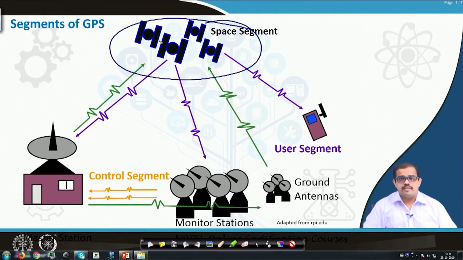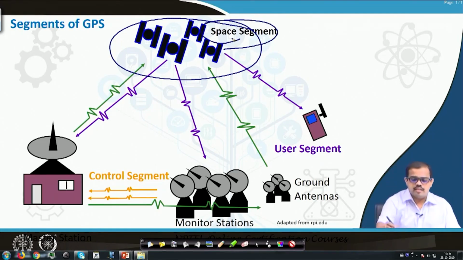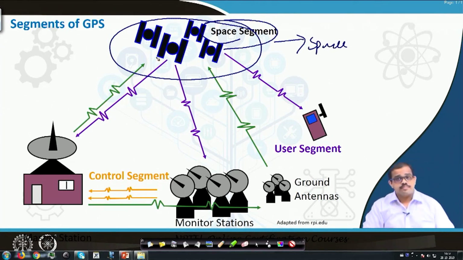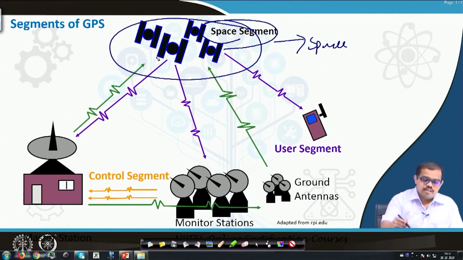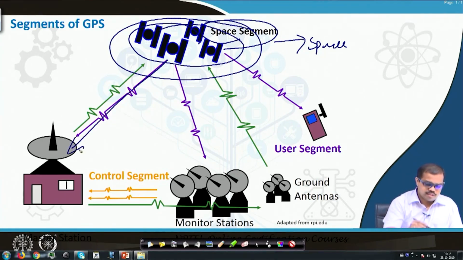The constellation of satellites, I said, is 24 satellites. The segment where these satellites are revolving is called the space segment. These satellites capture the signals across the earth's surface, and then communicate with the control systems or the control segments.